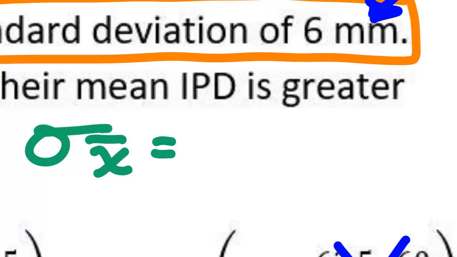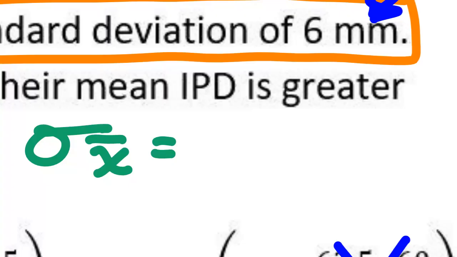Is this for one population or for two populations? Do we have one sample or two samples? Just one sample. We have a population and a sample drawn from that population. So we're looking at the top line where it says for one population X bar. Follow that over to the middle box.